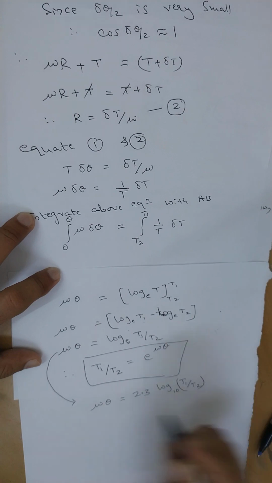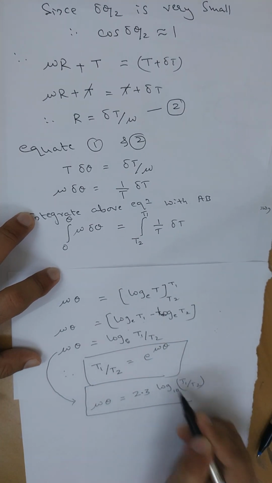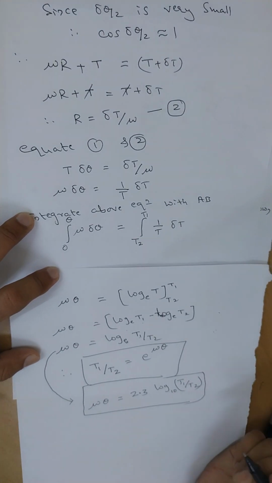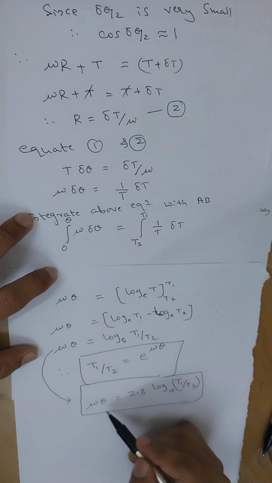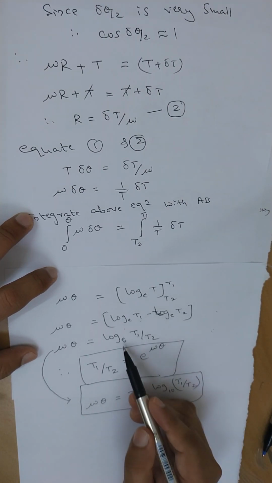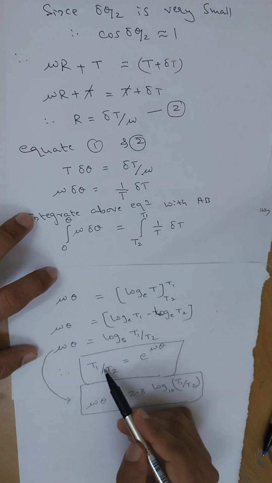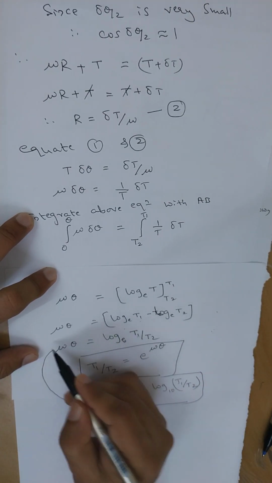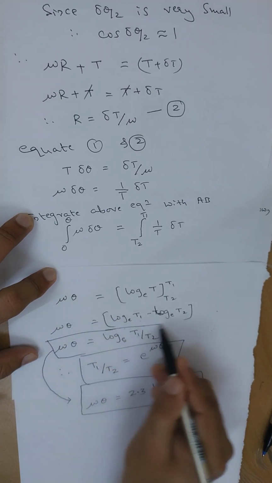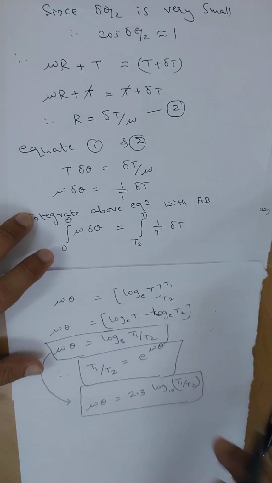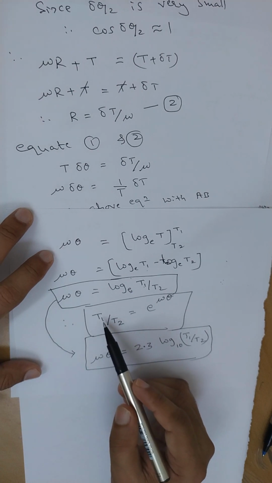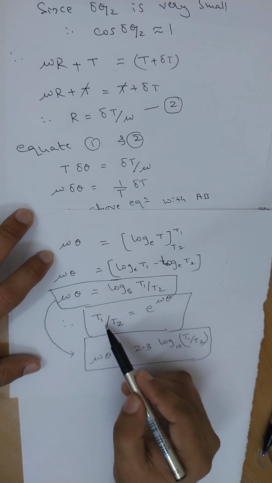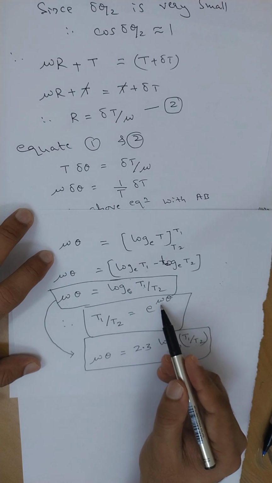This is also one of the standard equations. If you want log to the base 10, you can use this equation. If you want log to the base e, you can use the other equation. This is the standard equation for the ratio of belt tensions in terms of mu and theta.